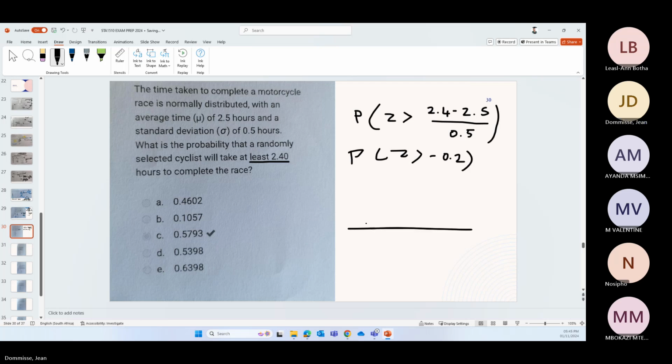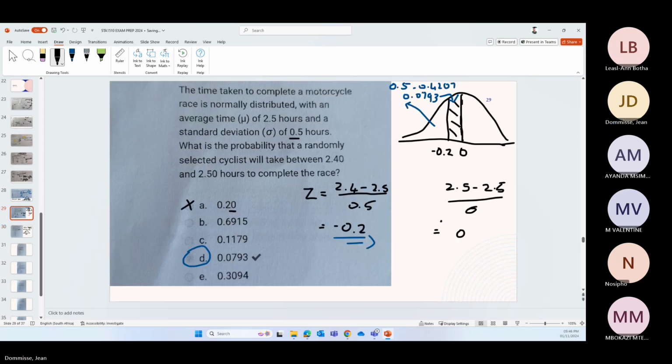So again, sorry. So let's say that was the 0. That was the 0 point, minus 0.2. We got that area.